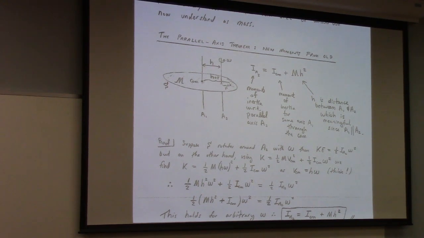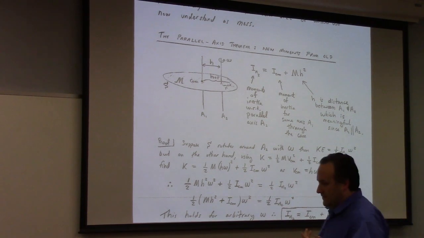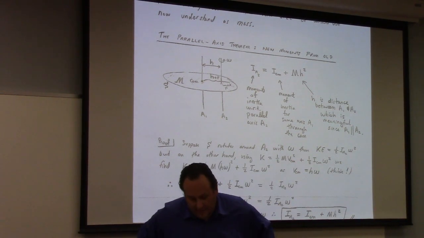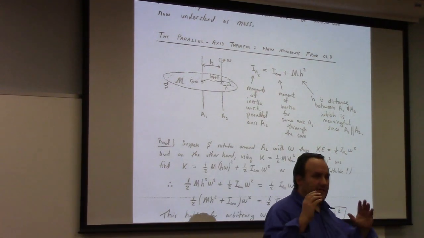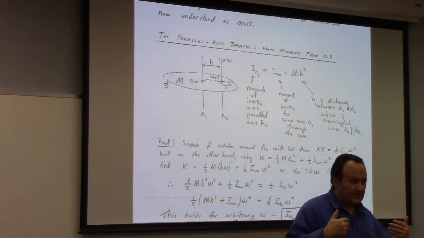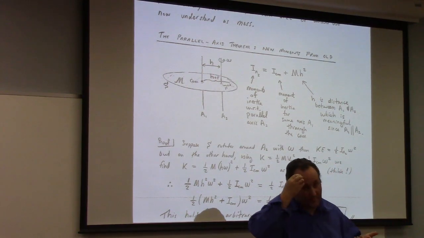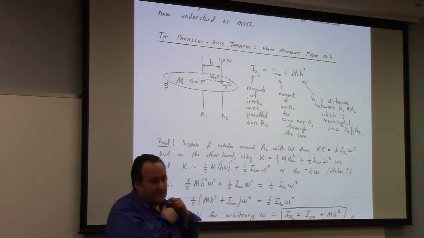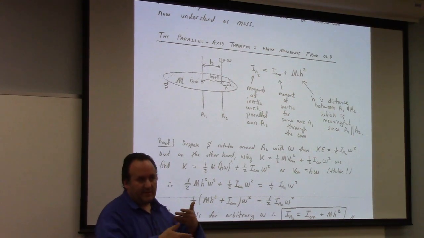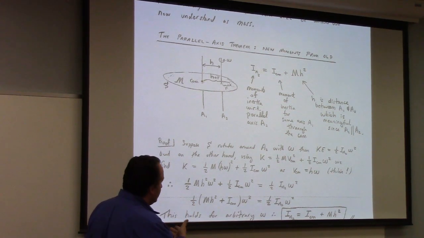Anyway, my point to you is all of these different moments of inertia for various bodies, there's a given axis, right? So what if instead of rotating the object around the one you're given, you're rotating the object around another axis which is parallel to that axis? Well, the good news is there's something called the parallel axis theorem, which says that you can calculate the moment of inertia for that same body with respect to a parallel axis just by this simple formula.